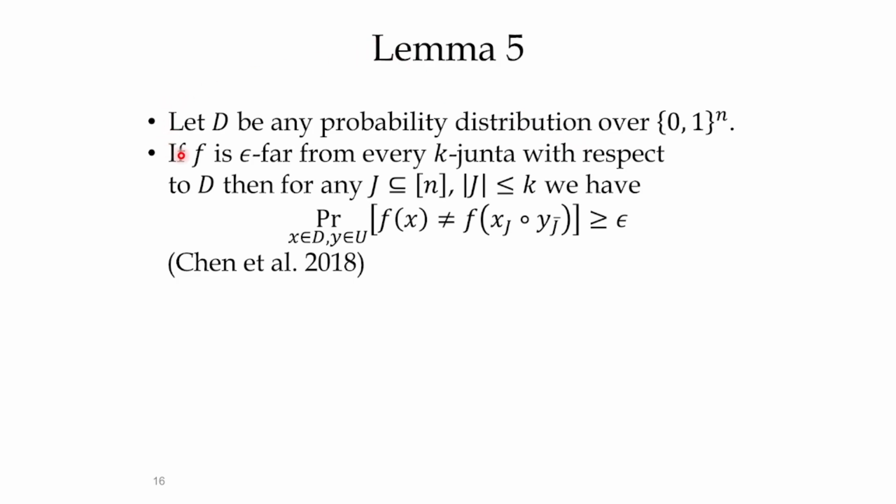Lemma 5. Let D be any probability distribution over the Boolean vectors with the length n.